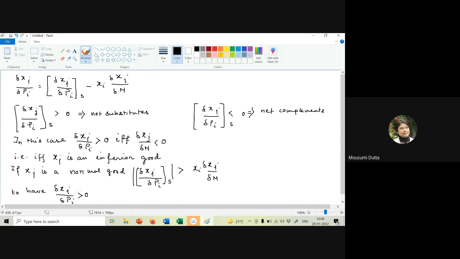So if the left hand side is positive, that is indicating the first term in the right hand side is positive. So if the commodities are gross substitutes, in that case, they are necessarily net substitutes, but not vice versa. Commodities being net substitutes will not indicate they are also gross substitutes. However, if they are gross substitutes, they will necessarily be net substitutes.